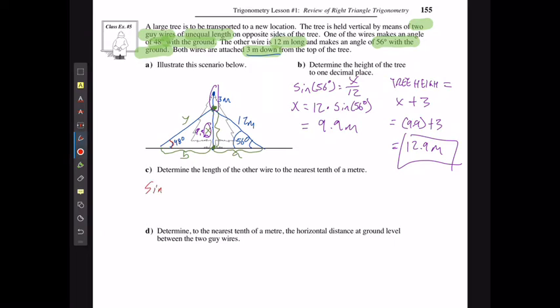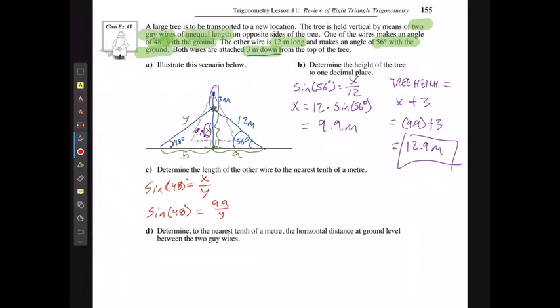So sine 48 is going to equal the opposite, X, over the hypotenuse, Y. Or that sine of 48 is going to equal 9.9 over Y, because we already solved that one.